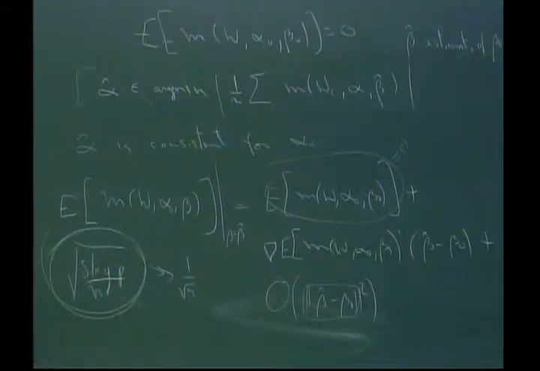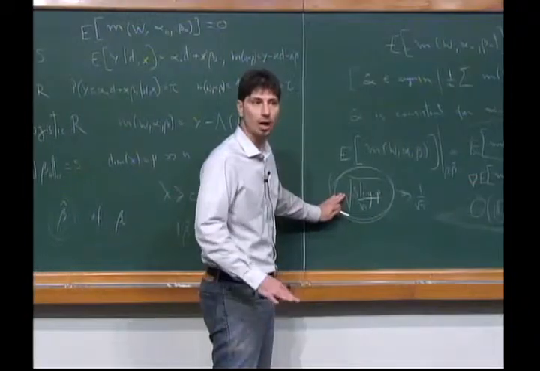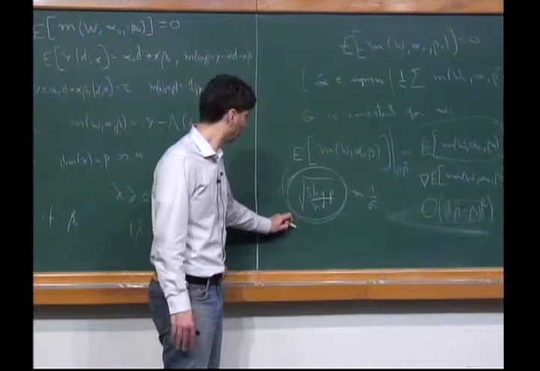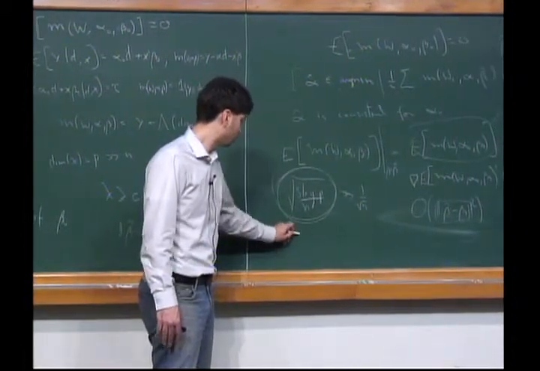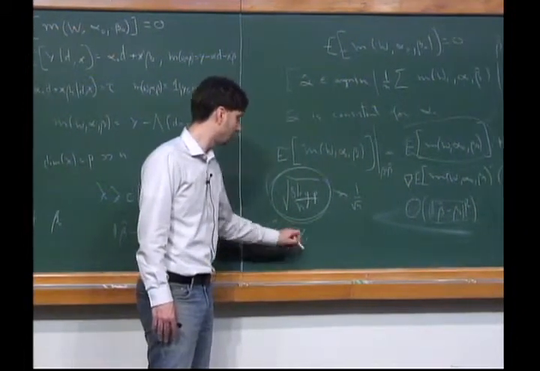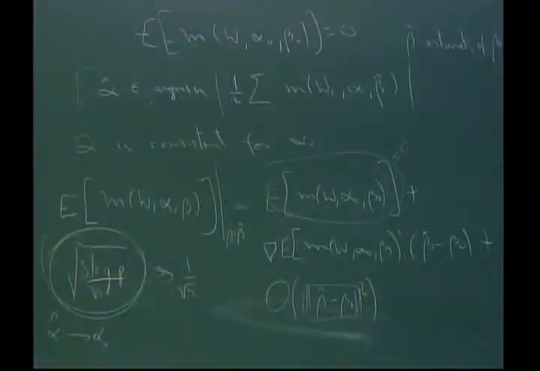So that misspecification will create enough bias to destroy confidence regions. It will not destroy consistency. This is going to 0. So I will still be able to get alpha hat going to alpha naught, but not with the precision I want to build nice confidence regions.